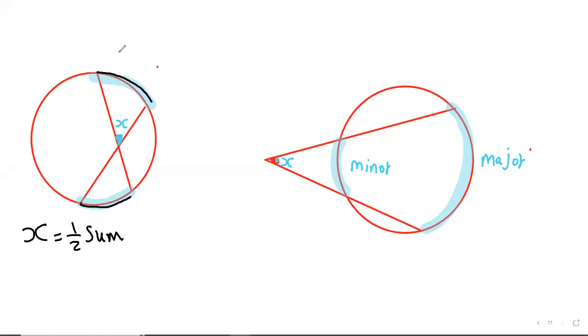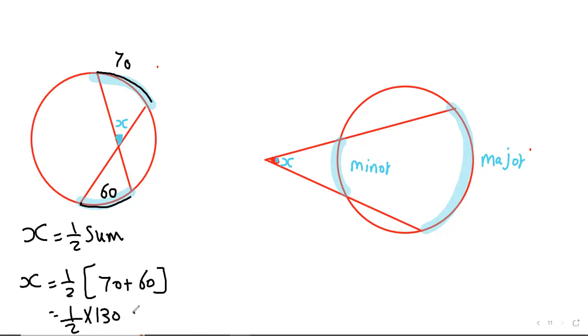So if this arc is, let's say, 70, and this arc is 60, then this angle X is half the sum of 70 plus 60. So it will be half of 130, which equals 65 degrees.